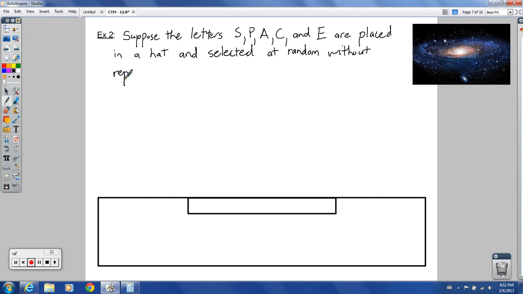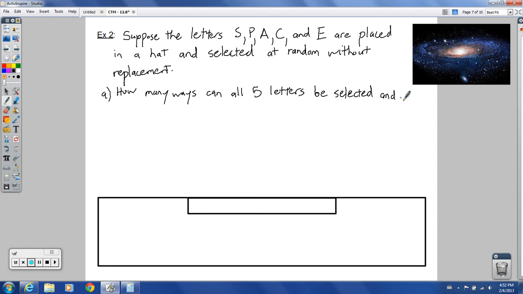Part A: How many ways can all 5 letters be selected and arranged? So the arrangement, the order, makes a difference. This is a permutation problem because of that.